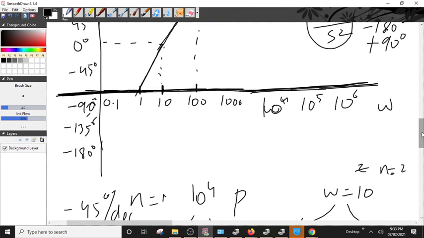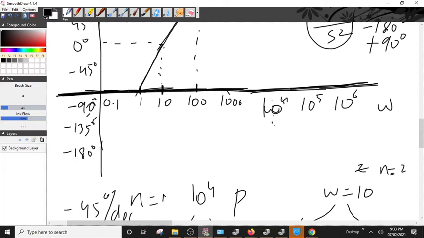So the line should remain 0 until we hit 1000, and after 1000 it should start moving minus 45 degree per decade. So one decade will be from this point to this point, and we have to move minus 45 degrees in one decade.